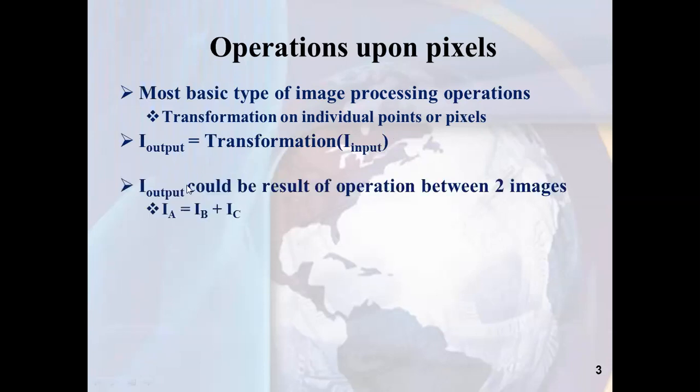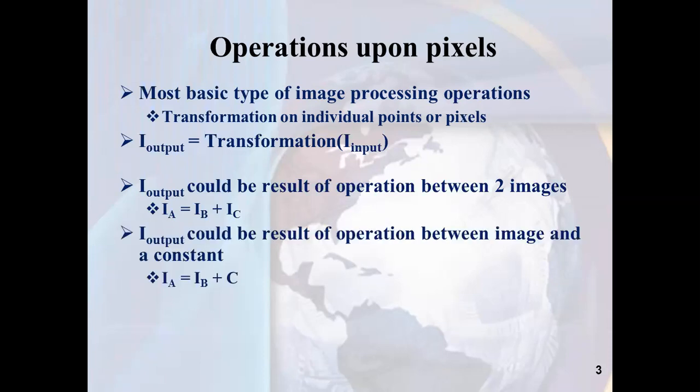So the output could be the result of a transformation, or could be a result of an operation between two images. For example, if we have two images B and C, I can obtain a new image A based on the value of pixels of B and C. The output could also be a result of an operation between an image and a constant C. So we can add a constant C to each pixel of the image.